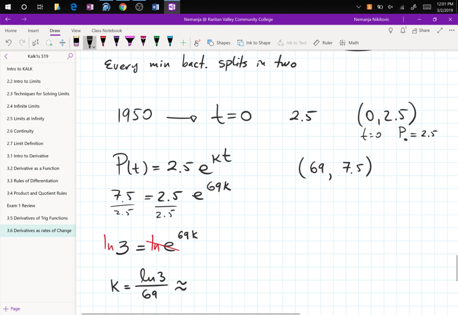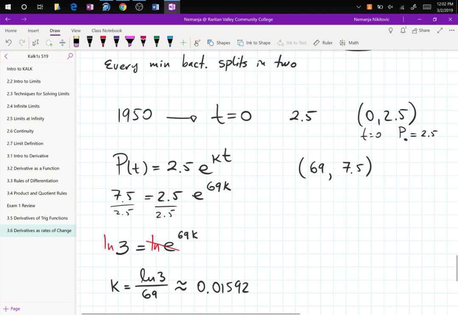Keep 4 decimals, 4 non-zero numbers. So we have our ln 3 divided by 69 would be 0.01592. See, these are the 1, 2, 3, 4 non-zero decimals.